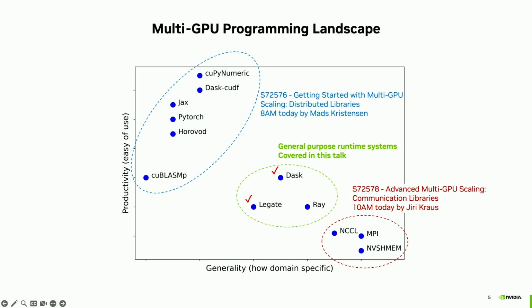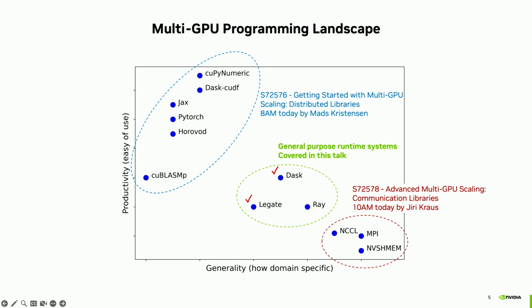I tend to categorize these solutions into three areas, conveniently aligned with the three talks in this session. Mads already talked about the first class of solutions that are meant to be productive, and if your solution fits within their space, then that's what you should use. And they can expose you to the GPU pretty efficiently.